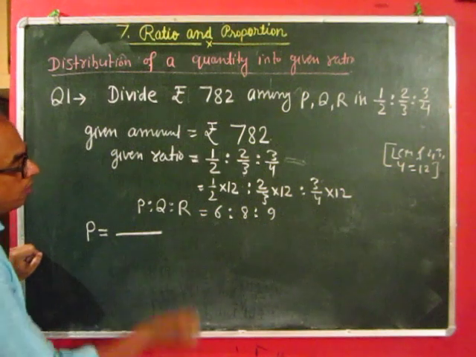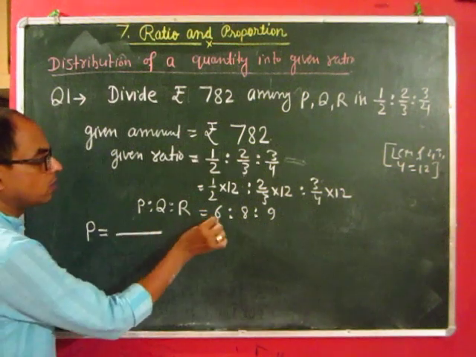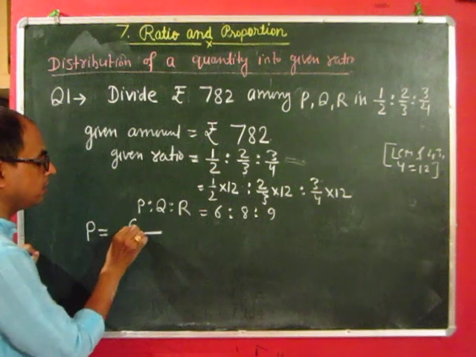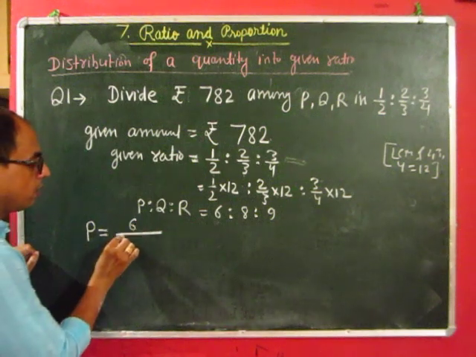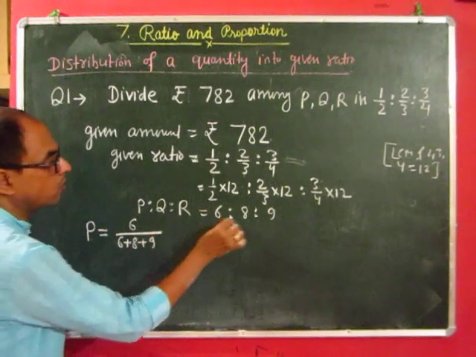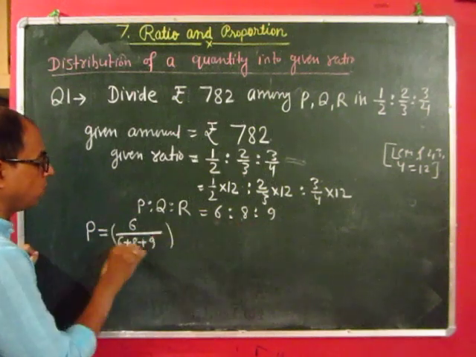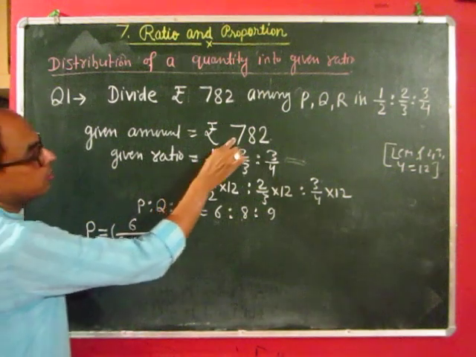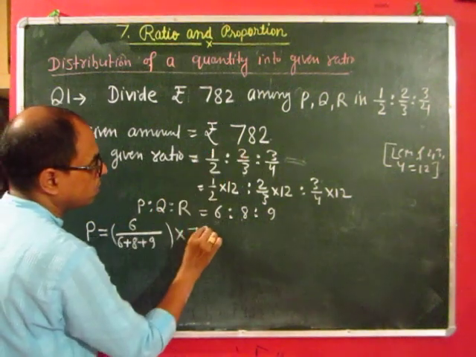What is the value of P? Simply in the numerator write the term corresponding to P, that is 6. In the denominator write the sum of all the terms of the ratio, and multiply by the total amount that we have to distribute. Here it is 782.